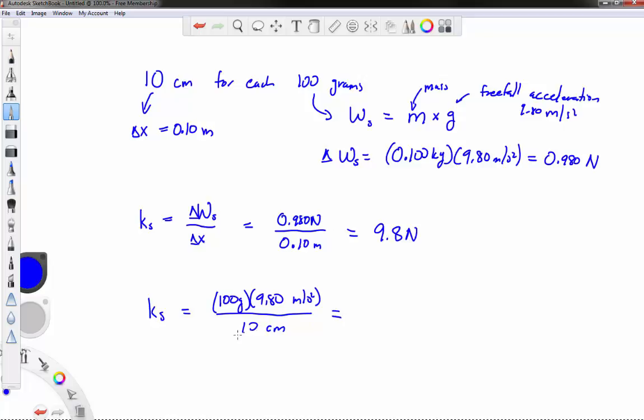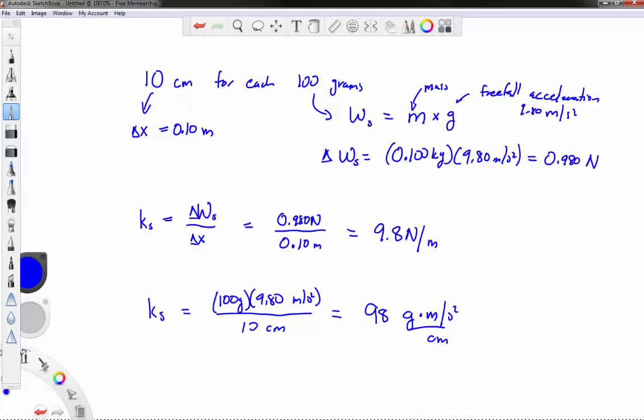Well, you can see that there's a 10, there's a 100, so that leaves a 10 left over. So we'd end up with basically like 98, but we'd have these bizarre units: gram per meter per second squared per centimeter. This one right here was 9.8 newtons per meter.